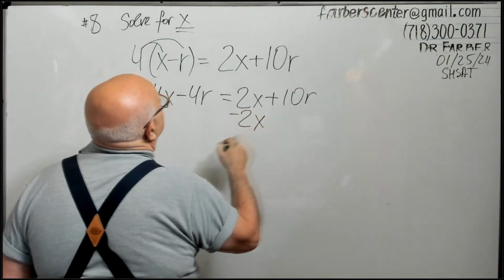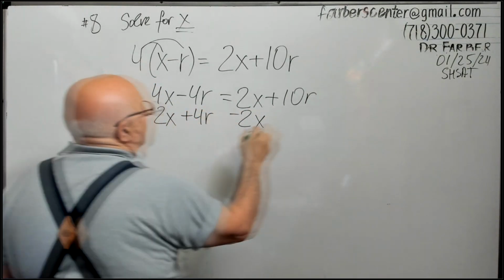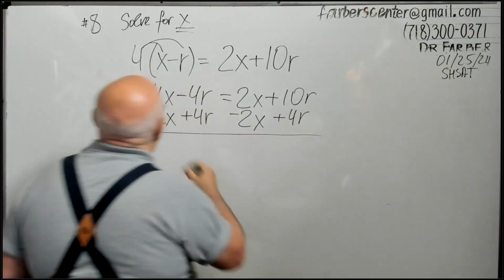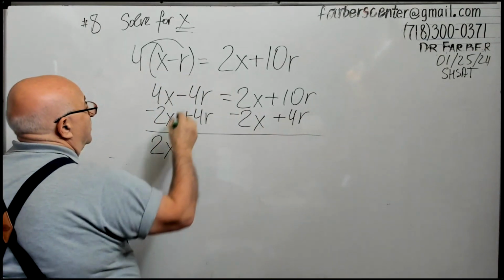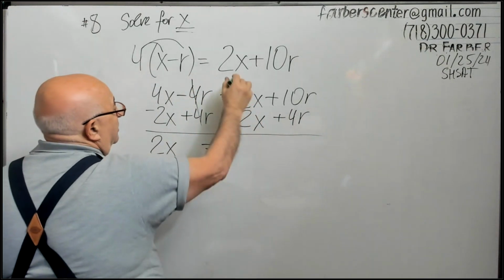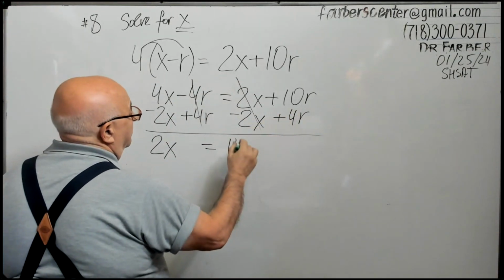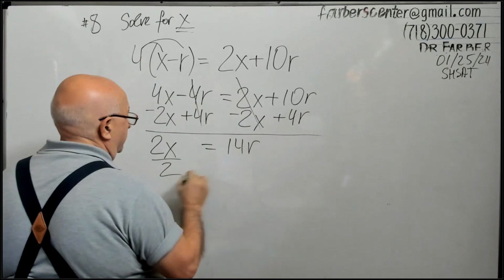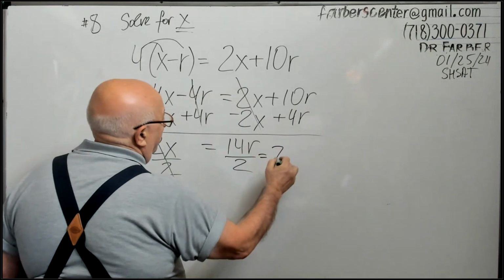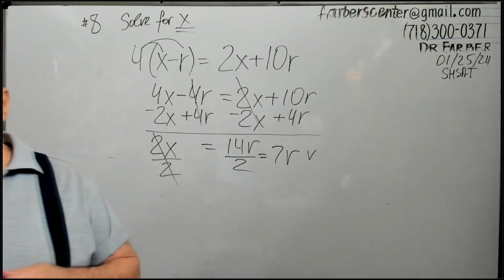Minus 2x and minus 2x, plus 4r and plus 4r. 4x minus 2x is 2x. Negative 4r plus 4r cancel out. 2x minus 2x cancel out. 10r plus 4r, what you know. Divide by 2 both parts. And x equals 7r. Who got 7r? Raise your hand.